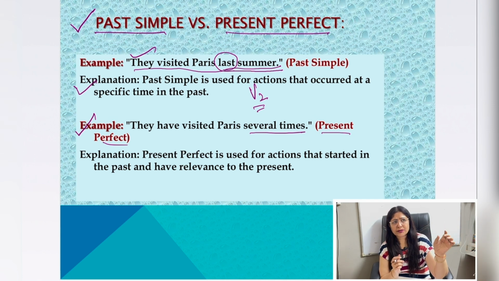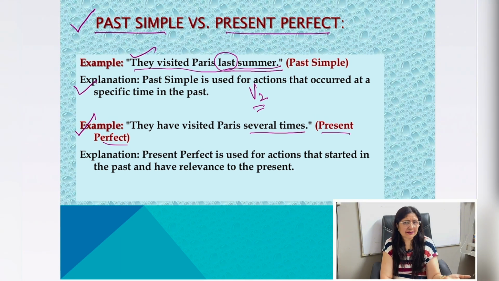So you completed your 12th in 2019, and I have completed my graduation last year. That was the action done in 2019, and I have completed just now my graduation this year. So this is indicating here you have to make use of present perfect tense.